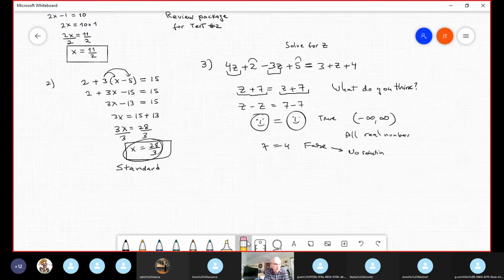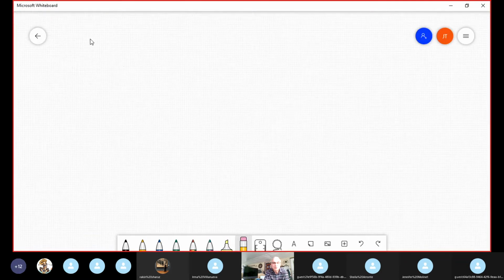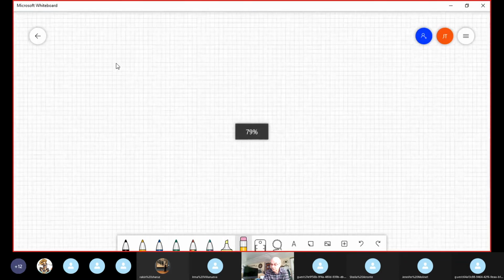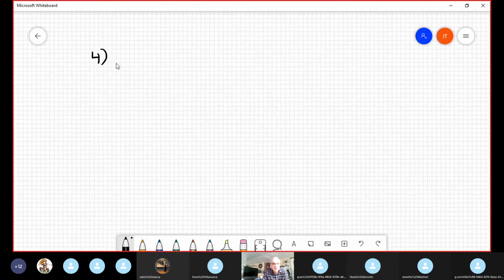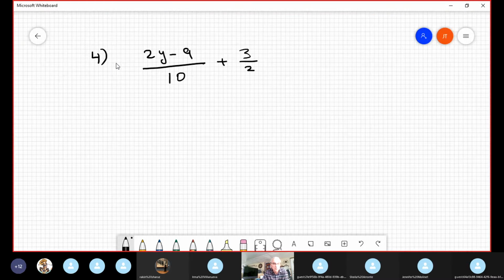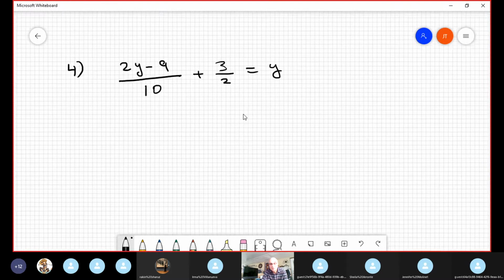Let's move on to number 4 now. Number 4 is (2y minus 9) over 10 plus 3/2 equals y. One of the only complications we have is the fraction.